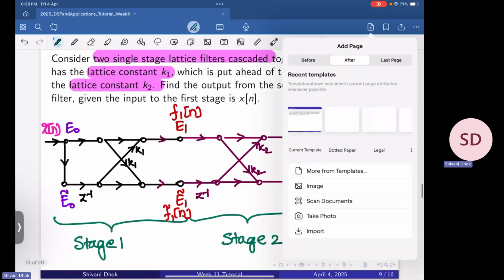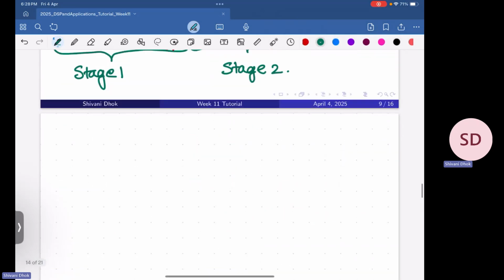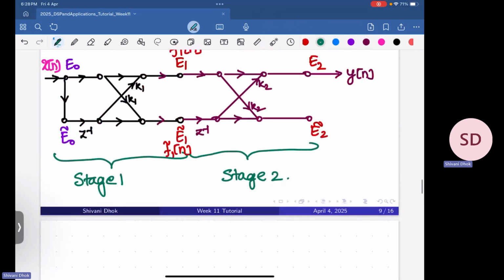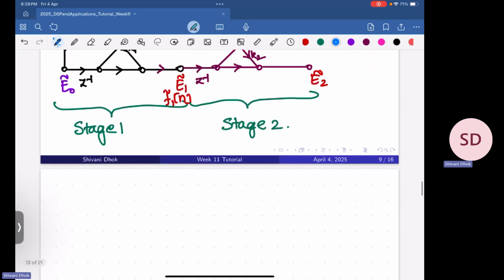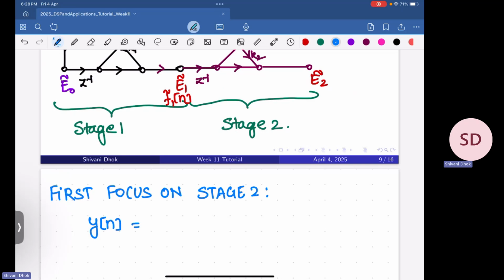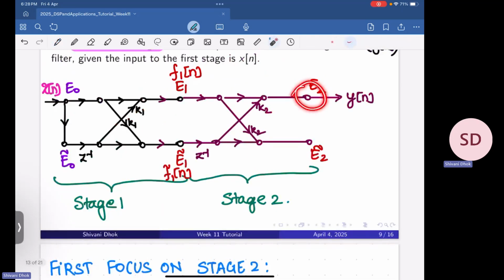Okay. So now let us try to get our Y of n. So this Y of n depends on my f1 and f1 tildes. Okay, so let me just focus on stage 2. What do we get? We have Y of n. This Y of n here, what is it?